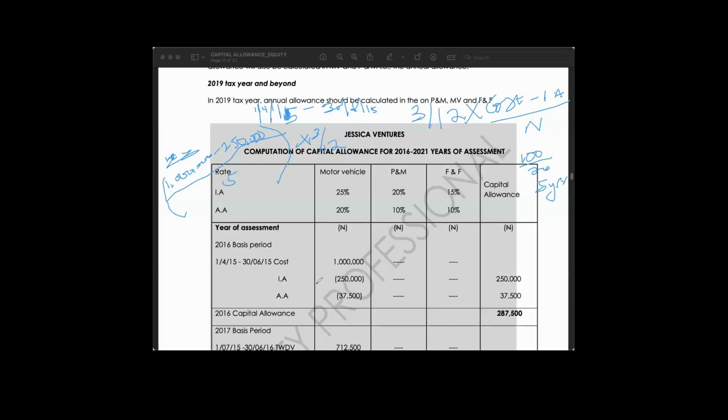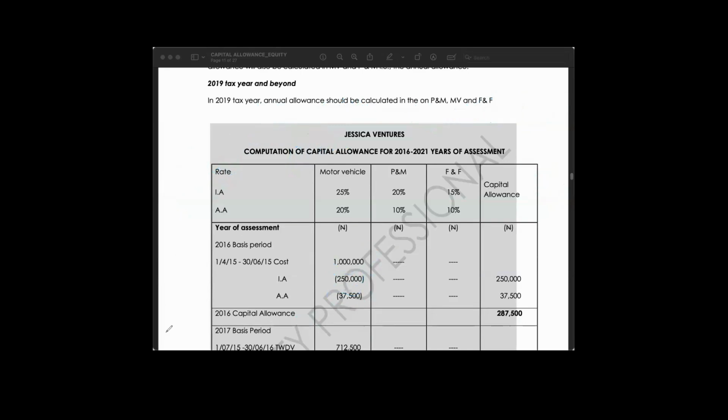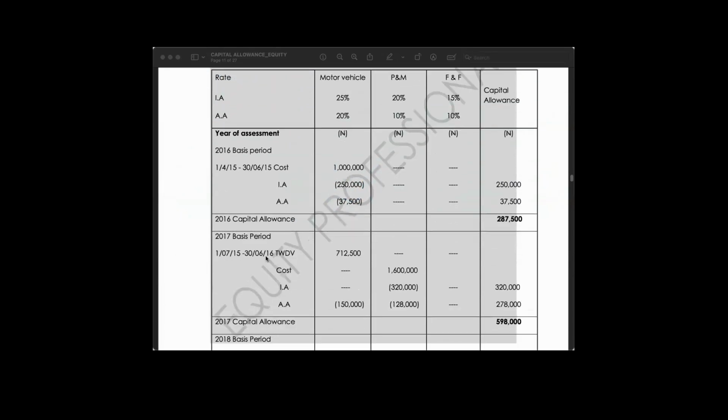Okay. So to get my tax written down value, my tax written down value is cost minus initial allowance minus annual allowance. Whatever we get, we bring it down. So we get this for our tax written down value. That is this minus this will give me this.